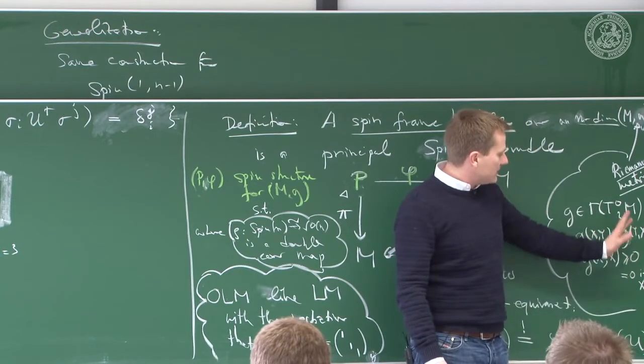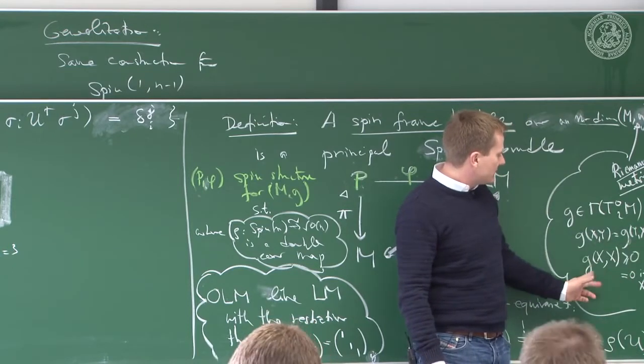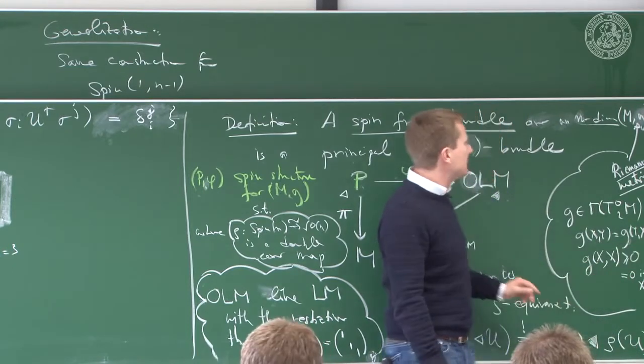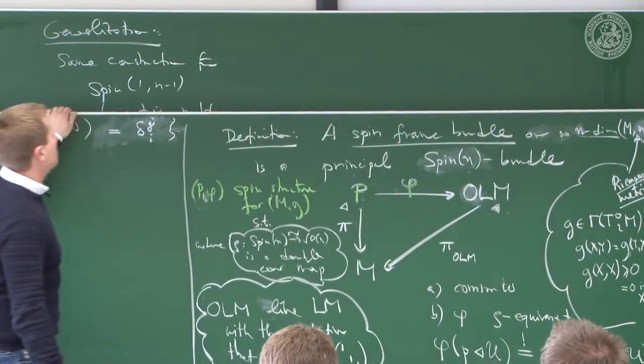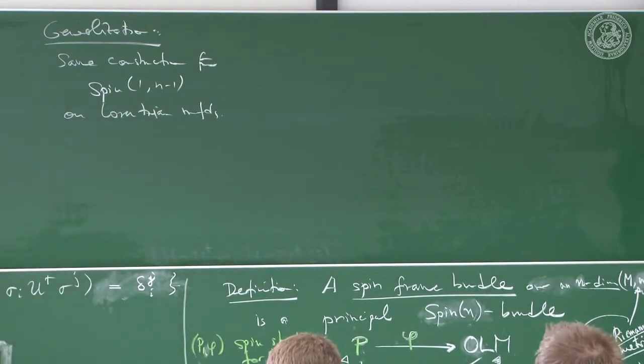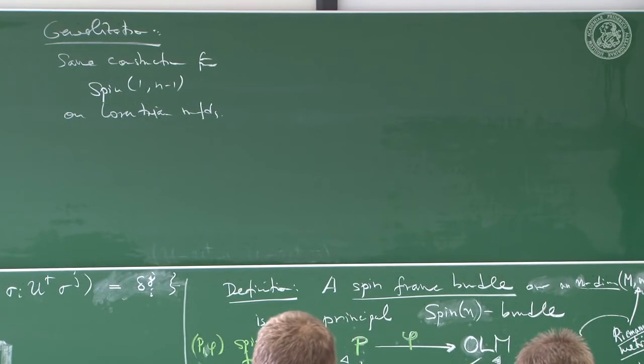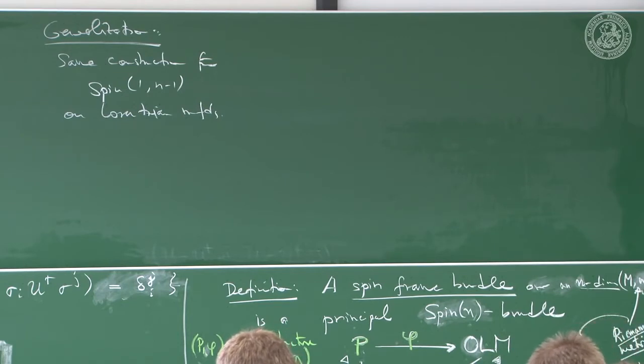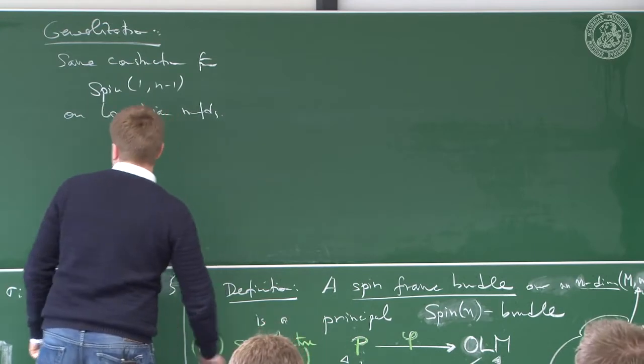Well, that's pseudo-Riemannian. It allows you any signature. So if the signature of this bilinear form is (1, n-1), that's a Lorentzian manifold of dimension n, like we have it in general relativity. And then you do the same construction. All is fine. The question is, why on earth do I want a spin structure? Well, I want a spin structure in order to define spinors.